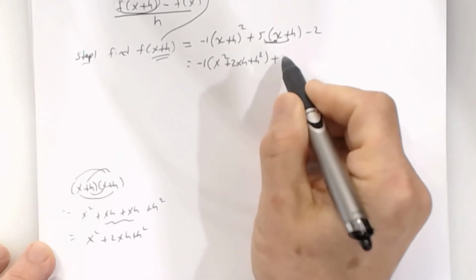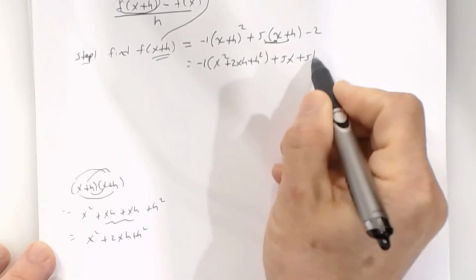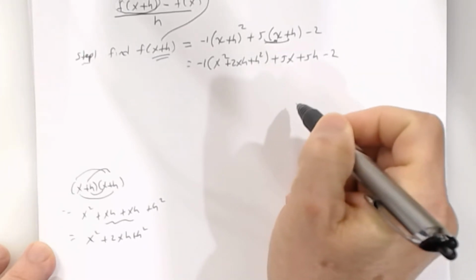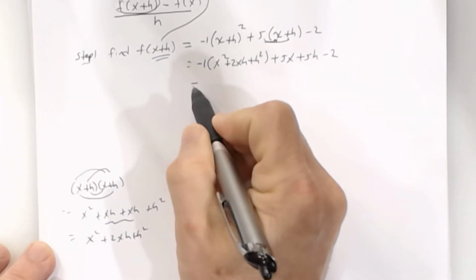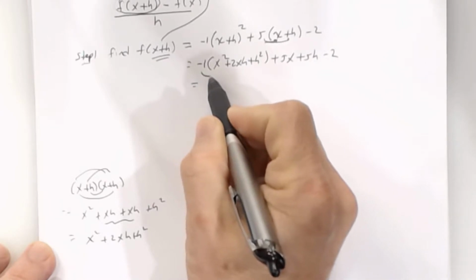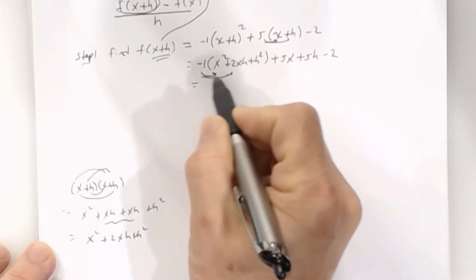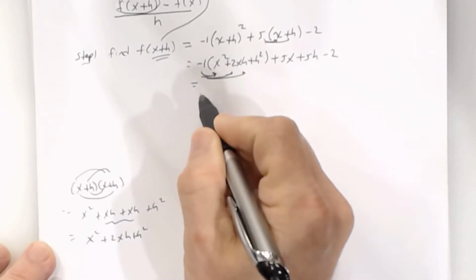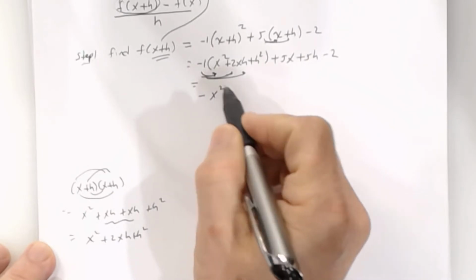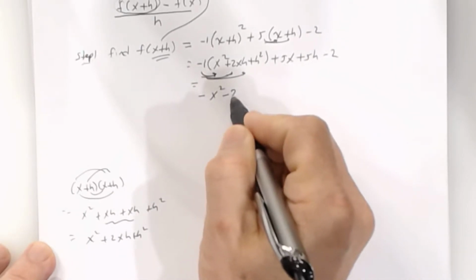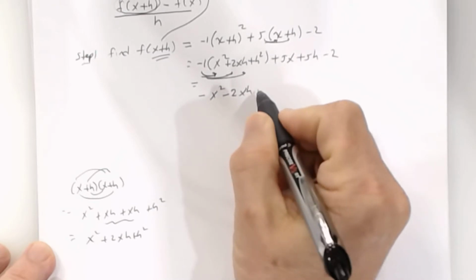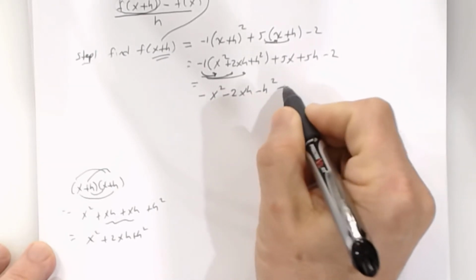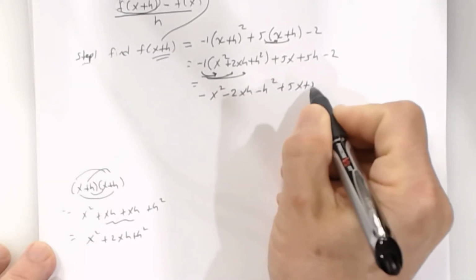So that becomes plus 5x plus 5h minus 2. And then what's the next step for step 1? Distribute the -1, so I get negative x squared. What else? Minus 2xh minus h squared, and then plus 5x plus 5h minus 2. So that's your step 1.